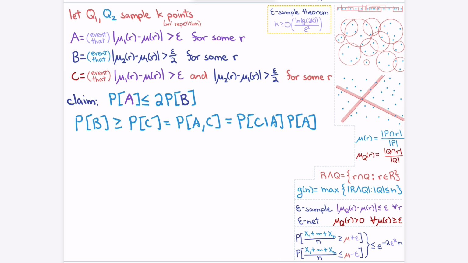So we want to analyze the probability of C given A. I want to argue this is at least 1/2.